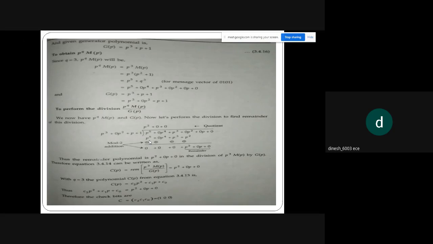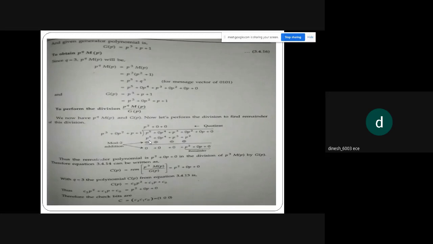No, obviously we will not get an error. If x is 1 and y is also 1, when you do modulo 2 addition, what will we get? We'll get output as 0. So we don't get any errors.